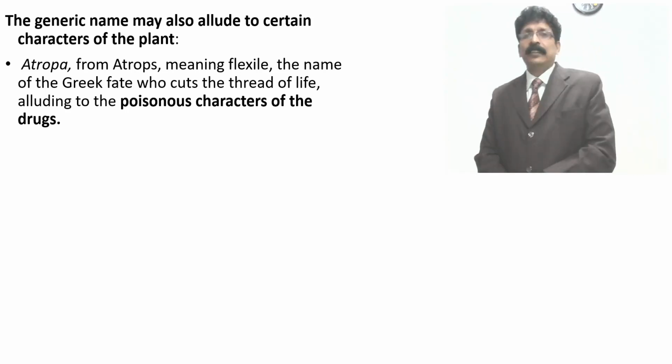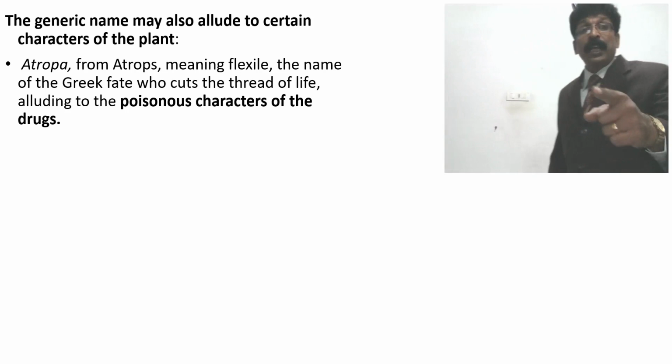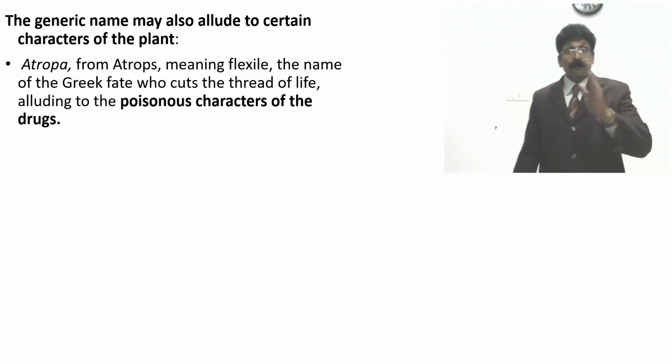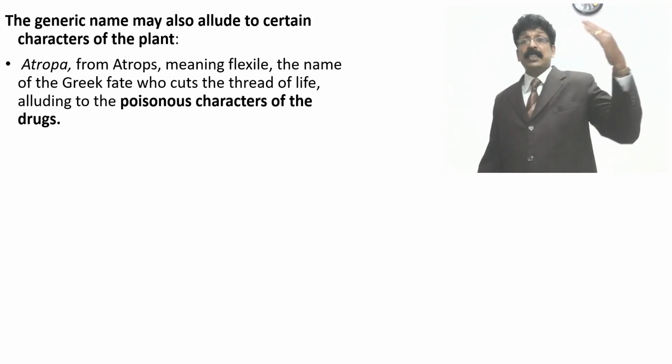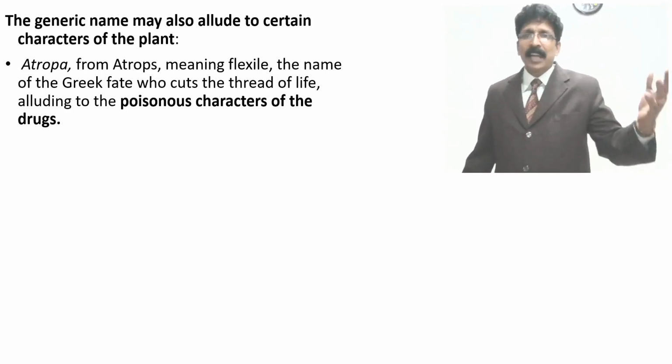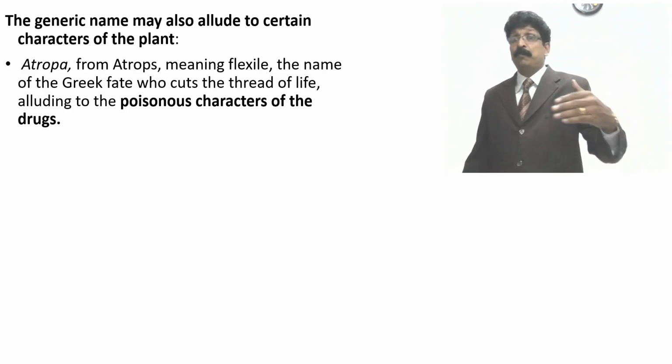The drug is very poisonous, that is why they use that name, Atropa belladonna. Belladonna, we told, is a species name because it means beautiful lady. The pupil dilates, and it has been used, it is beautiful, that is why.